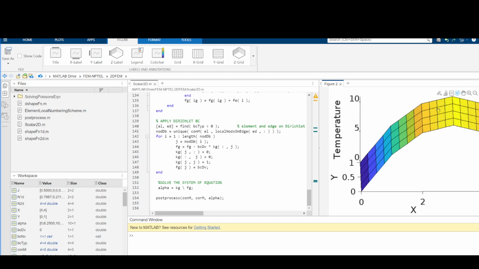Okay, so I think this is similar to what we solved in the 1D problem.